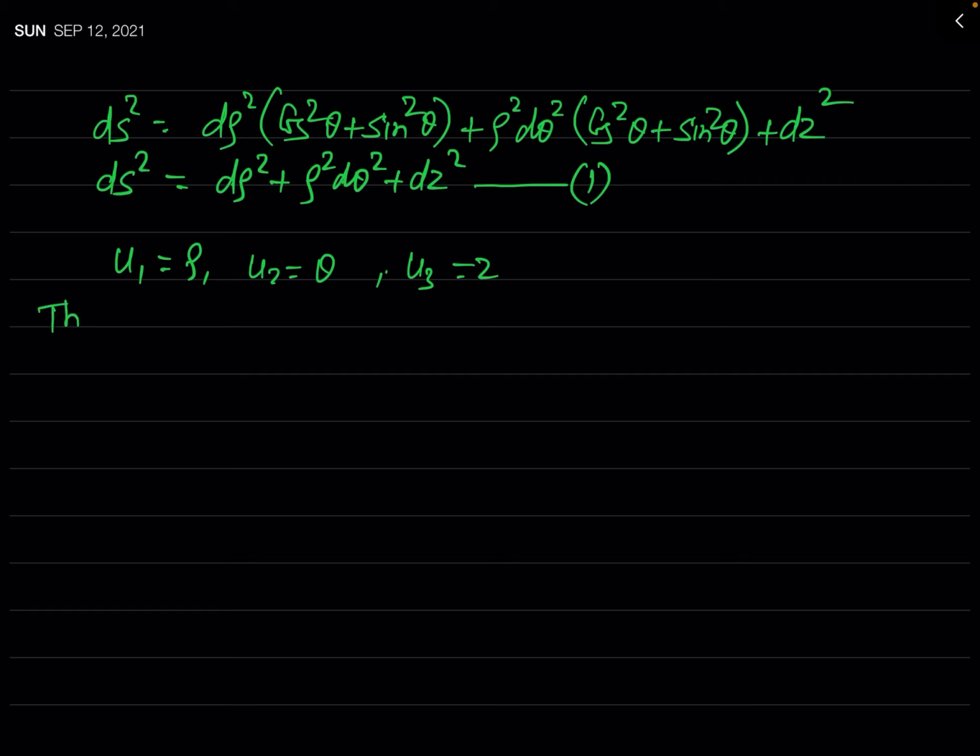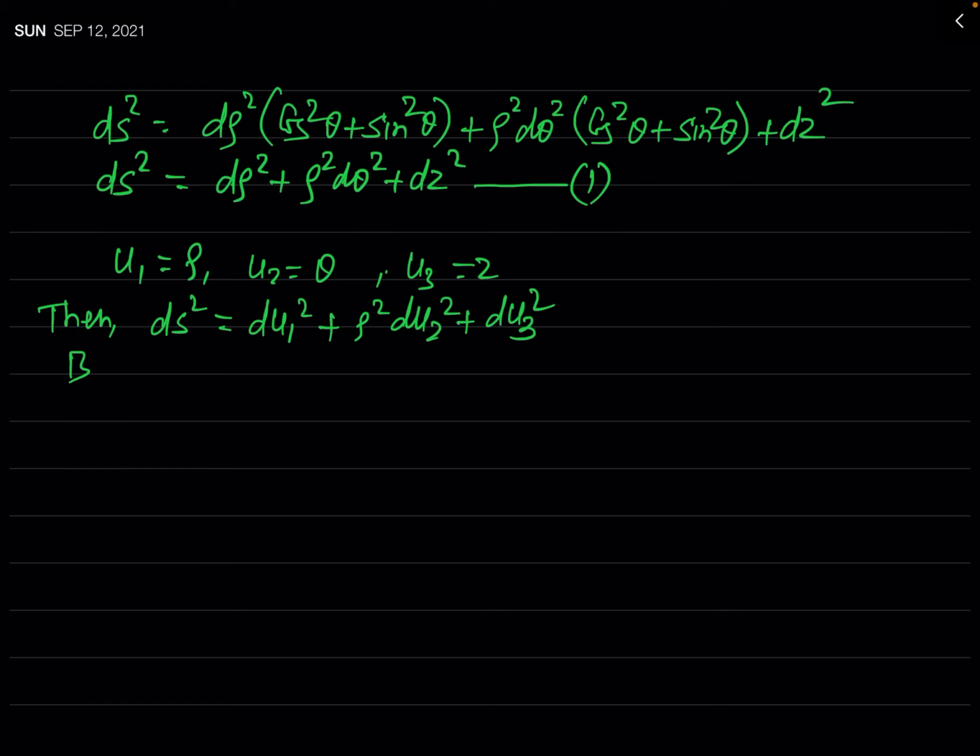So if you consider like this, then this ds square can be written as du1 square plus rho square du2 square plus du3 square.